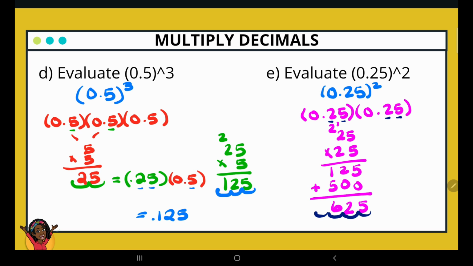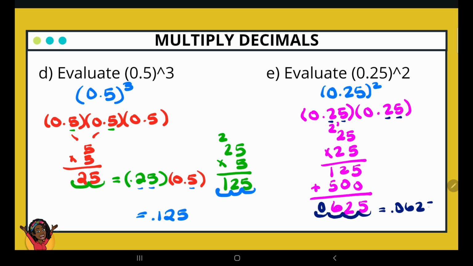So I'm just going to draw my little bubble to represent that fourth place. And what I'm going to put in there is a placeholder of 0. Whenever you are missing a spot and there's no number being represented there, you can use a 0 to hold that place. So what this tells me is that 0.25 squared is equal to 0.0625.